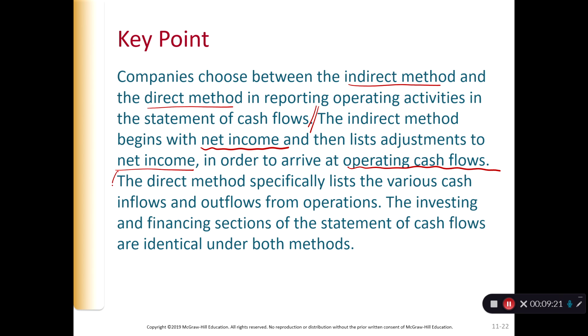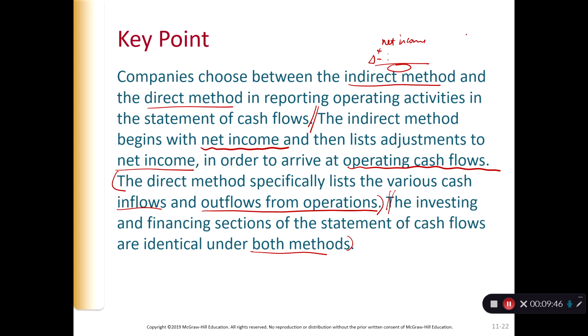The direct method specifically lists the various cash inflows and outflows of operations. The investing and financing activity for both methods are exactly the same. In other words, if you use the indirect method, it starts with net income, and you're just adding and subtracting and then getting the correct number.